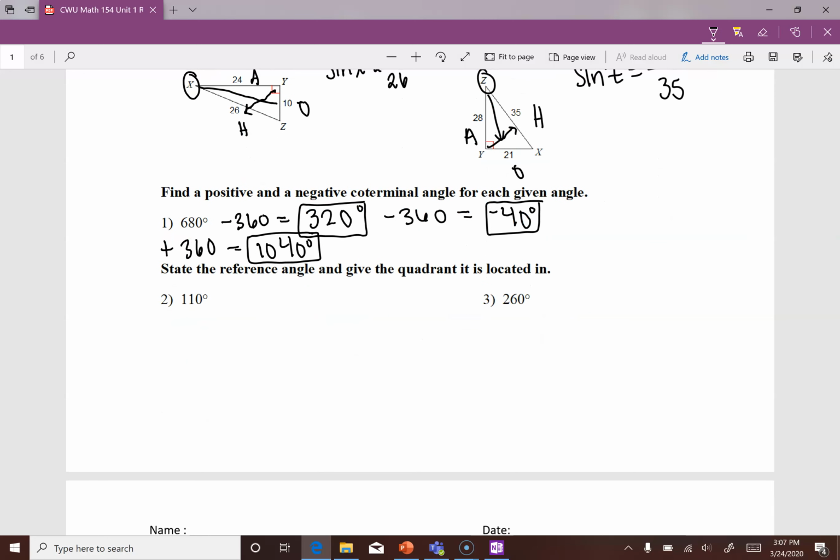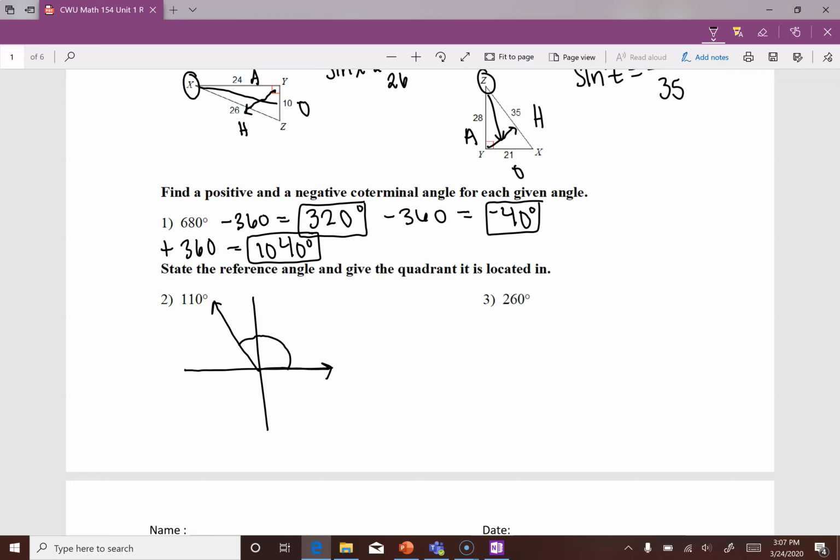All right, next is stating the reference angle and giving the quadrant it's located in. For this one, I'm going to draw the angle first. So 110 degrees is going to be starting here, going past the 90 and a little bit more. Well, what's a little bit more?